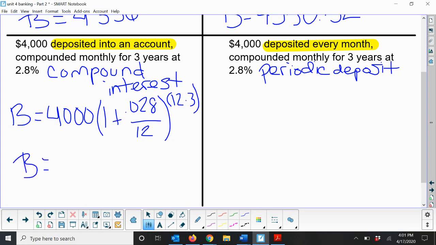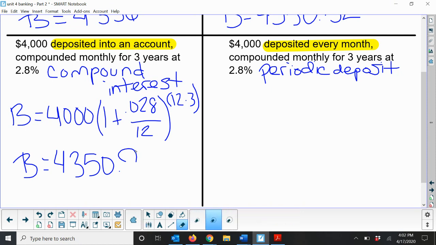And so I'm going to plug that in. And again, N is 12 because it is compounded monthly, or 12 times a year. 43.50, and that does round up to 9 cents.